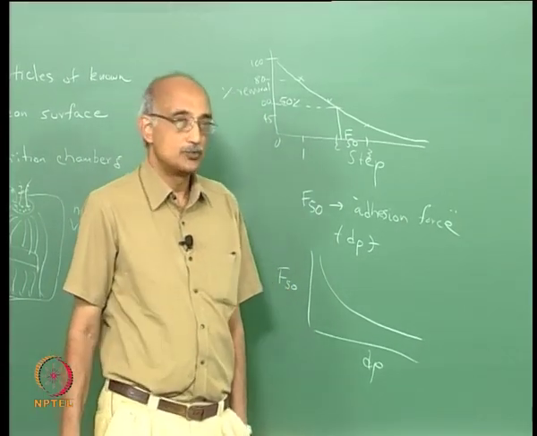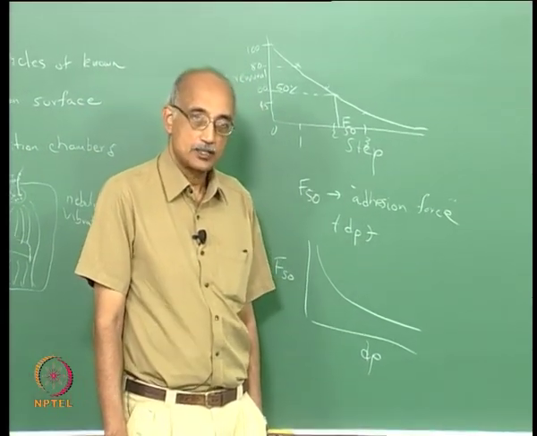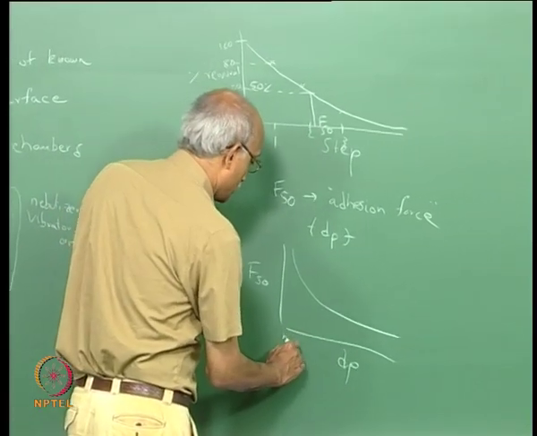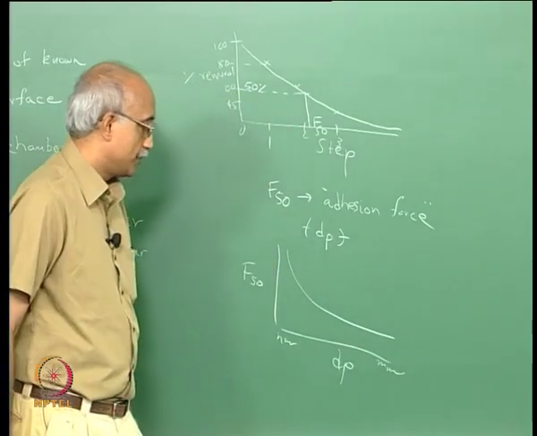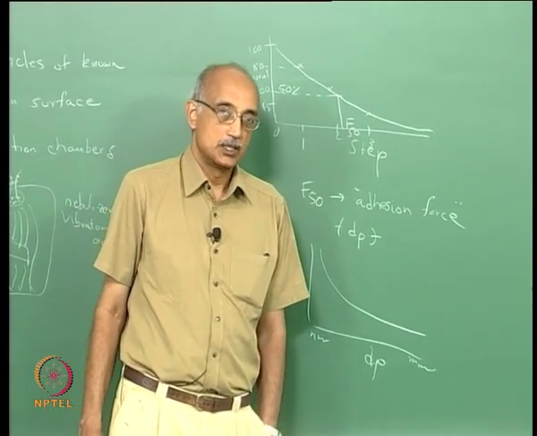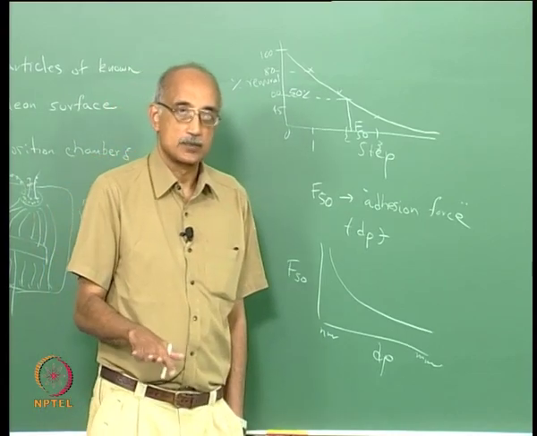The force to remove 50% of the particles will increase exponentially as particle size drops. So, a nanometer sized particle compared to, let us say, a millimeter sized particle will be almost infinitely more difficult to remove from a surface. Hence the challenge of particle removal from surfaces.